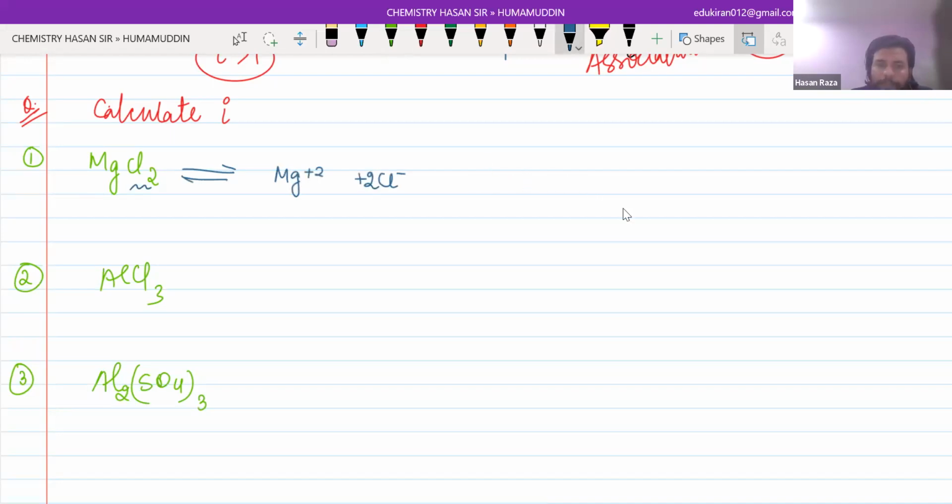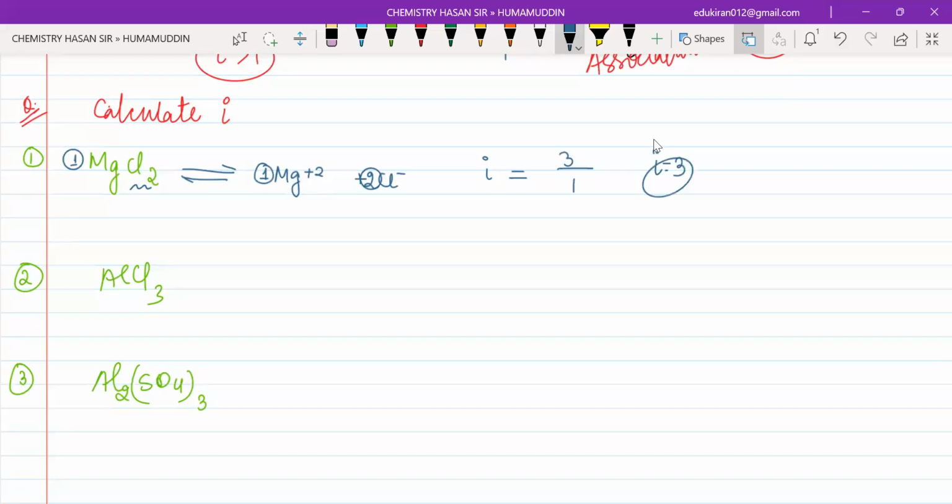The value of i is the number of moles after dissociation: 1 mole of Mg2+ and 2 moles of Cl-, so total 3, divided by 1 before dissociation. So the value of i will be equal to 3. Please do the rest.